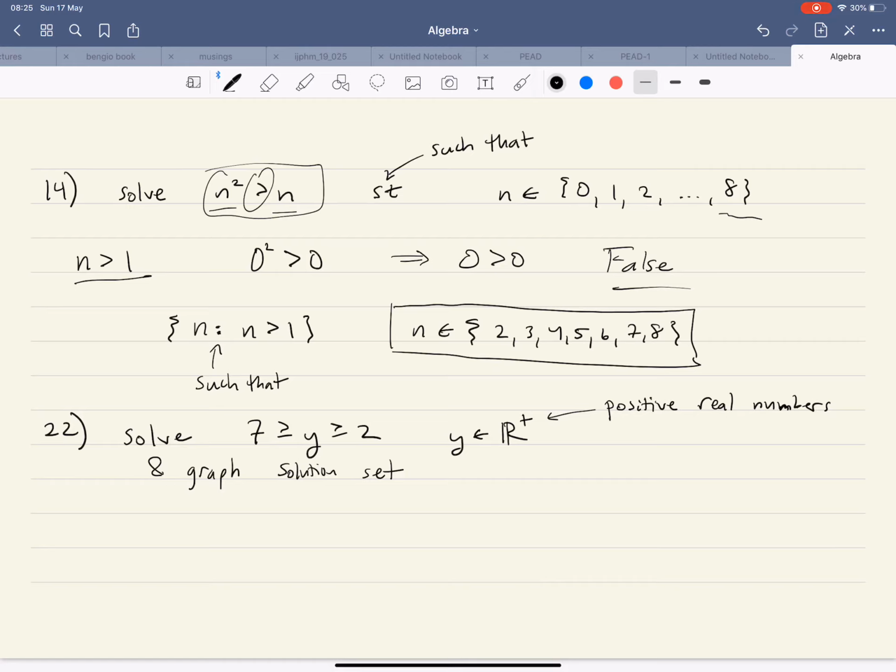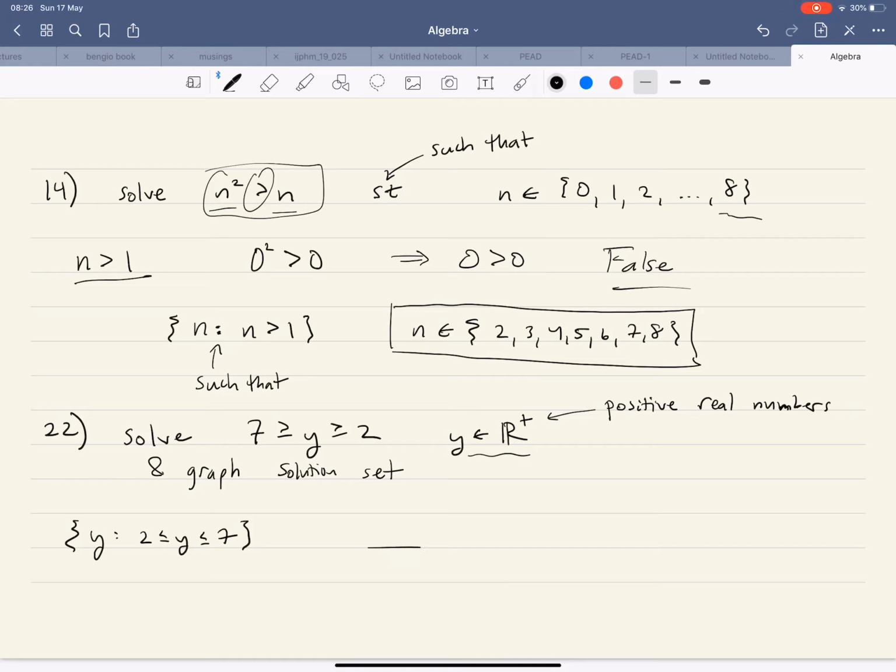And we know that it's everything because everything that is between 2 and 7 satisfies our domain of y being a real positive number. Okay, so we can just write our solution set as y such that 2 is less than or equal to y, which is less than or equal to 7. That really is just the solution set, right?